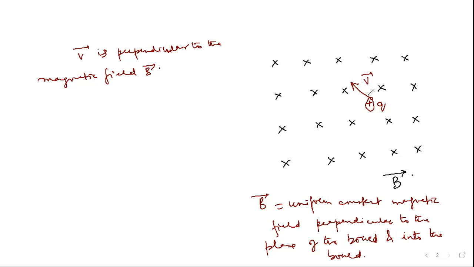V is this way, magnetic field is downward. So if you do the V cross B, force will be this way.